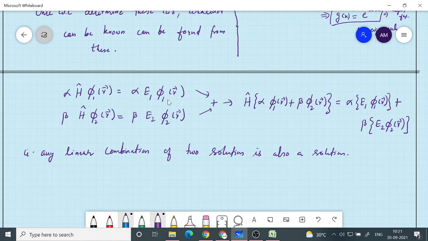In atoms they are like s orbital, p orbital, all of these are functions, just like phi 1, phi 2 are functions. When it is sitting in an s orbital, it will have an energy E1. When it is sitting in a p orbital, it will have energy E2. But now what we are saying is that it can sit in both orbitals at the same time. It can sit in a superposition of the two orbitals also.